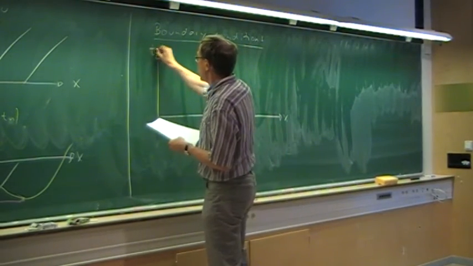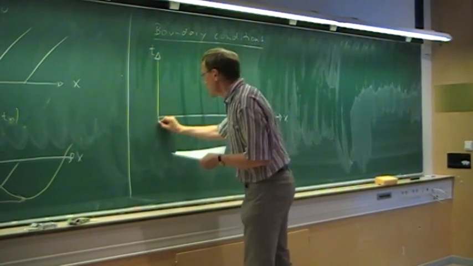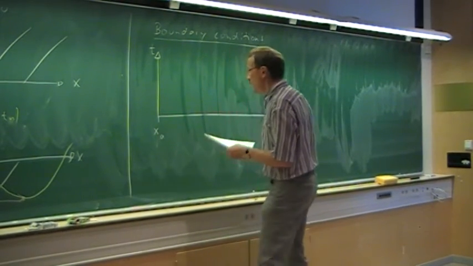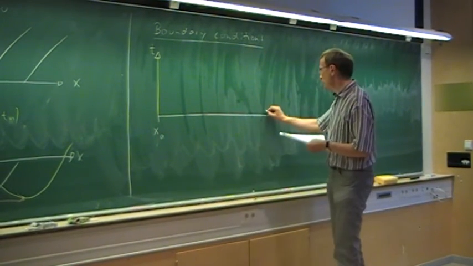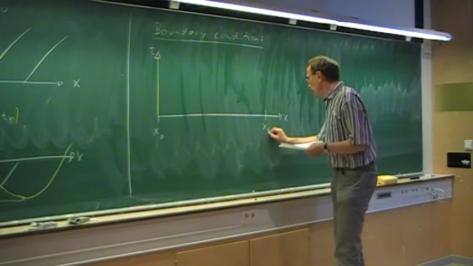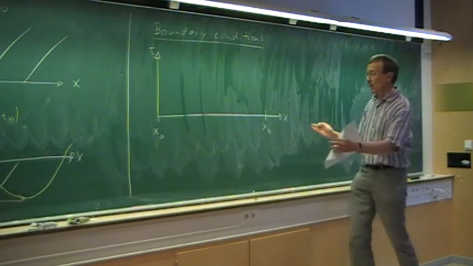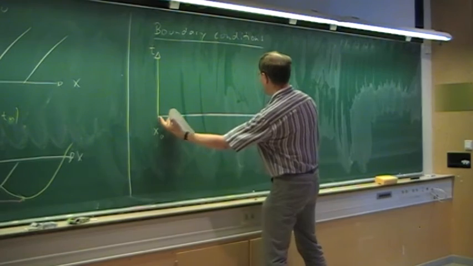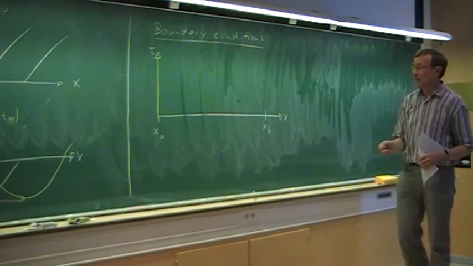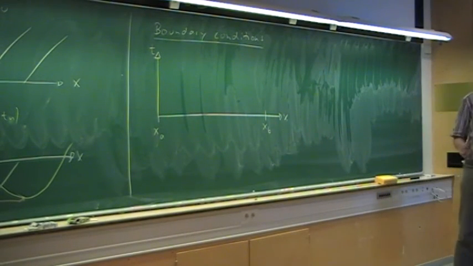So now we have the xt diagram, but now we assume that we are looking at a certain domain which is bounded by xa and xb. So this is our flow domain where we want to investigate the propagation of the temperature.